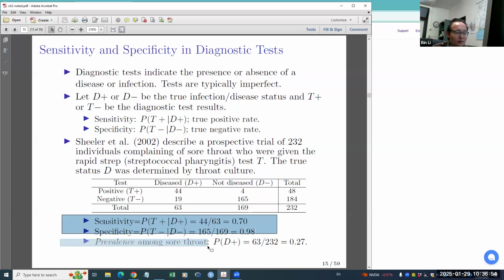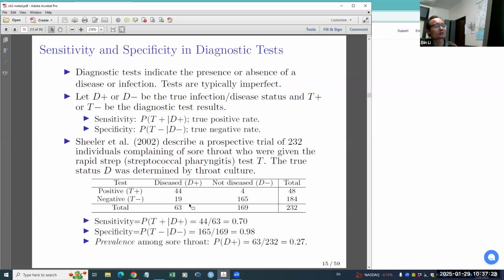Prevalence among the sore throats is the probability of having the disease. This is the marginal probability. Okay, so here we have 63 diseased, right? From the 232, so that's 27% in this case.